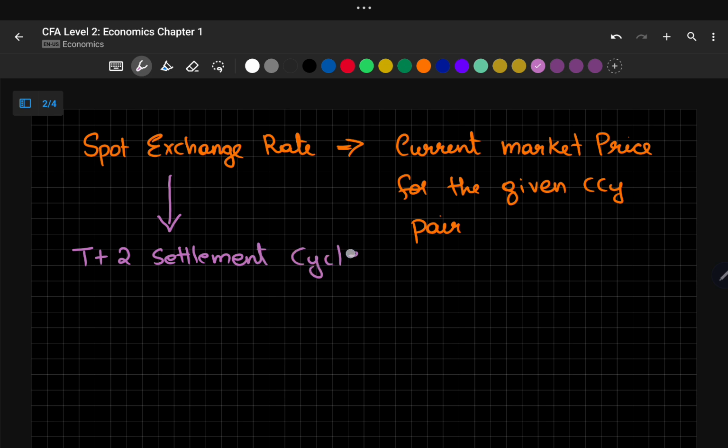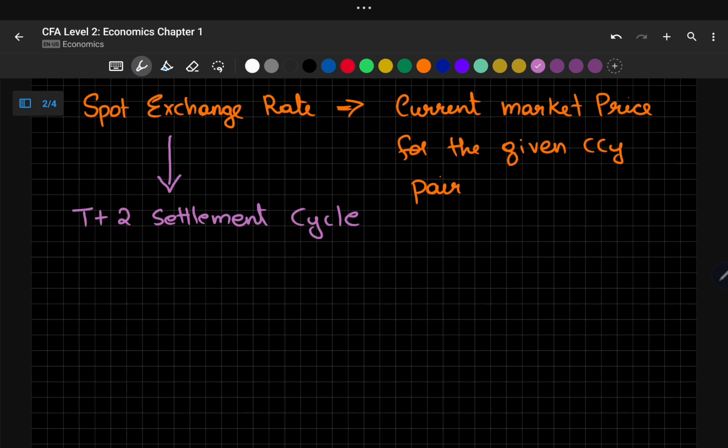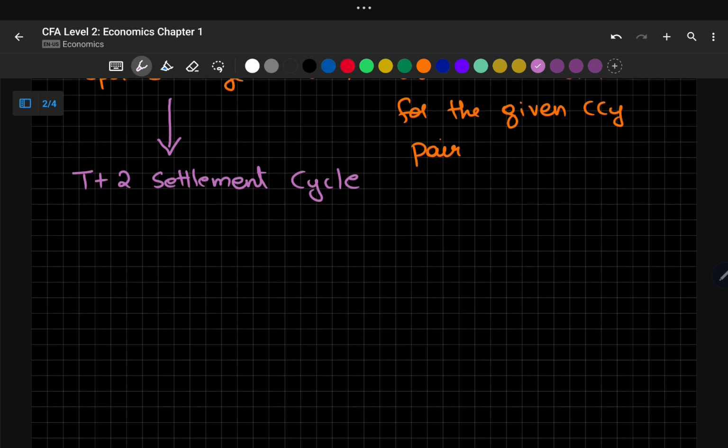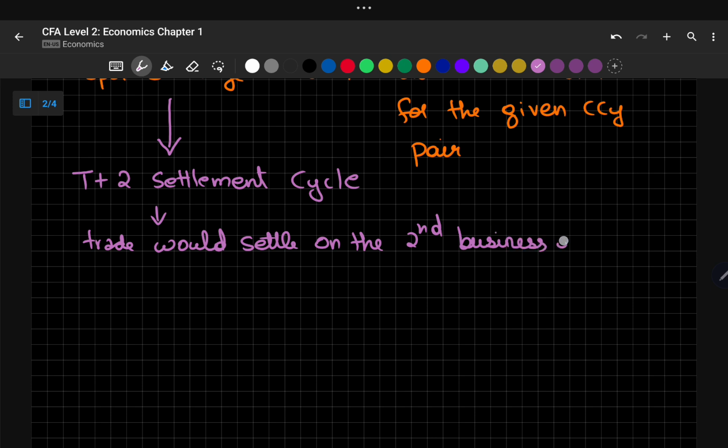It means that after trading, the trade would settle on the second business date after the trade date.